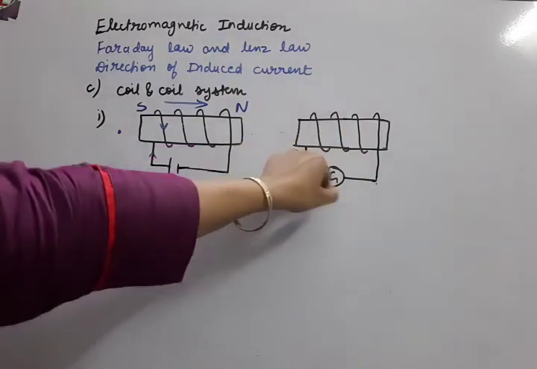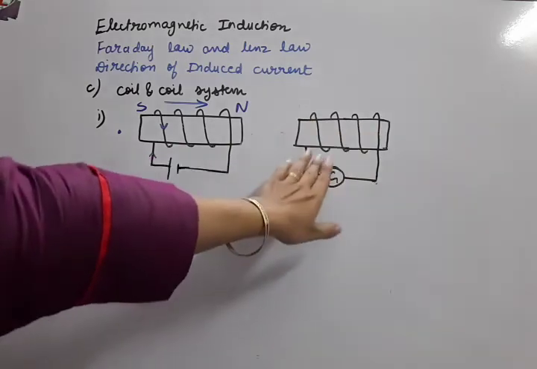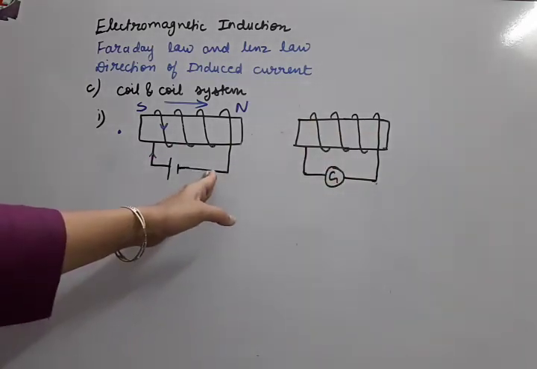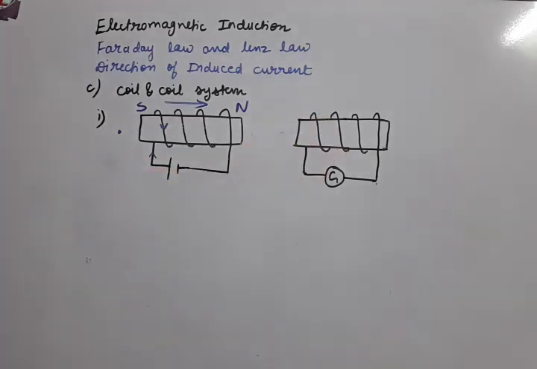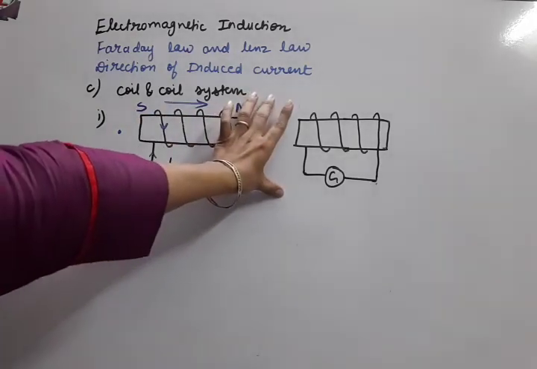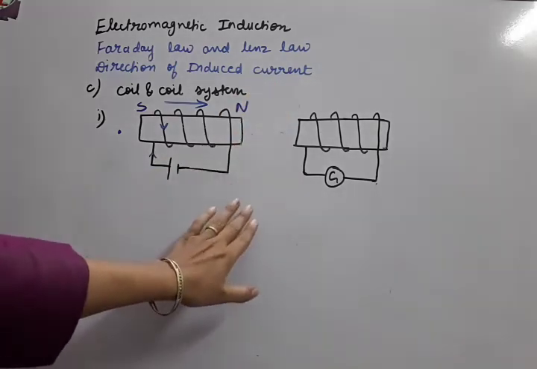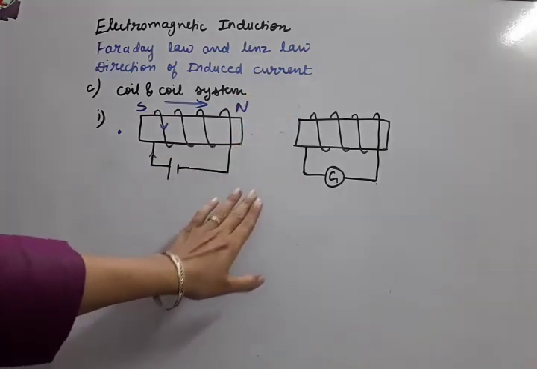Okay, is there any chance that we can make here induced current? Here no key is given. So how to bring the change of flux? So that is possible by moving this coil, okay, or this coil. So again, in the same manner like we solved the magnet case, we can solve it.